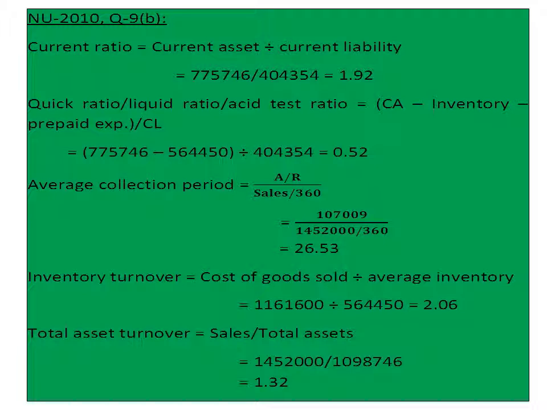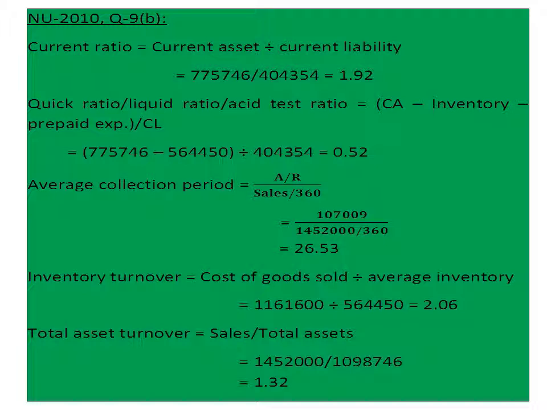Inventory turnover is cost of goods sold divided by average inventory, where average inventory means beginning inventory plus ending inventory divided by 2. When one is absent, the other part is the average inventory. So cost of goods sold divided by average inventory, we found 2.06.